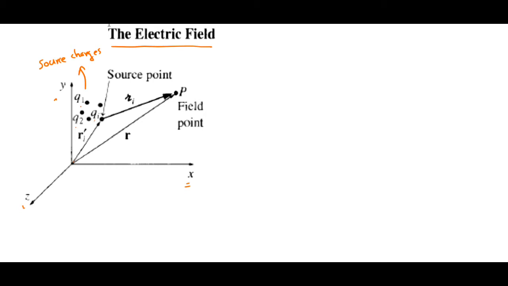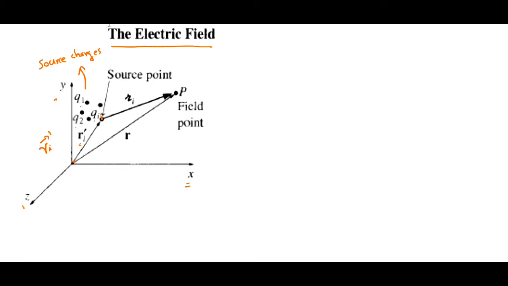And from the origin to the source point, this is the source point where the source charges are situated, and from the origin to that source point, the distance is r prime, it is ri prime.